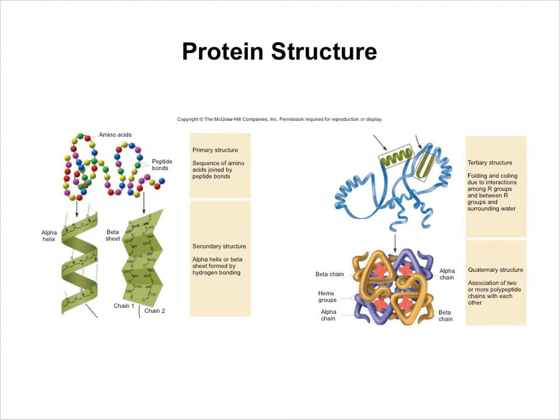Proteins are similar to that. They're organized on multiple levels. And I'm going to talk about 4 different types of structure here that you should need to know at least a little bit about. The first is primary structure. The primary structure is like the thread. This is the linear structure of the protein.